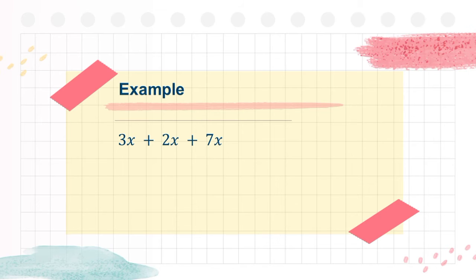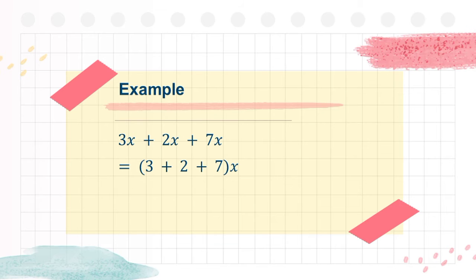First, we collect the variables and coefficients. Because the variables are the same, we can write it as equals open bracket 3 plus 2 plus 7 close bracket times x.